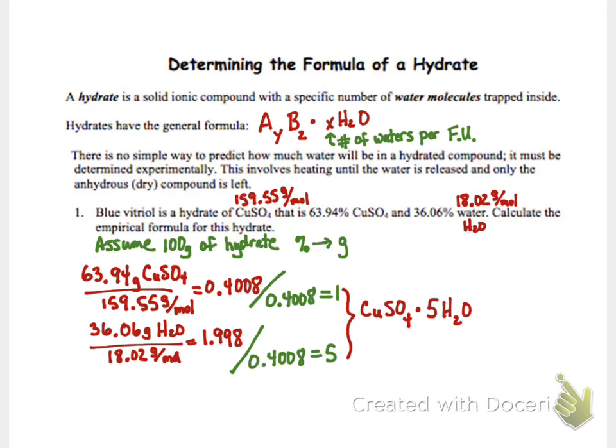So therefore, the formula is CuSO4 complexed with 5H2O. To name these, we name the number of hydrates, and we use the Greek prefixes like we did for covalent compounds. 5 is penta. So this is going to be copper sulfate pentahydrate.